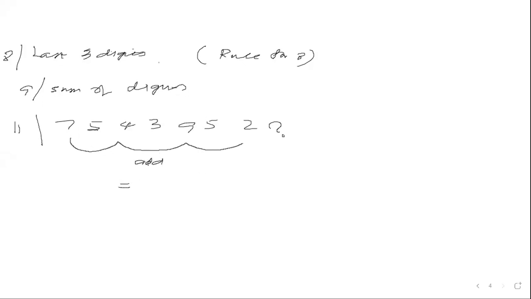What do you have? 11, 20, 22. And then you also add the remaining alternates. 5, 3, 5. There you get 13.